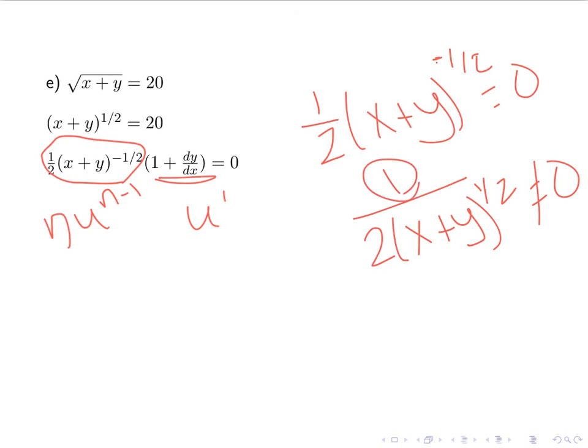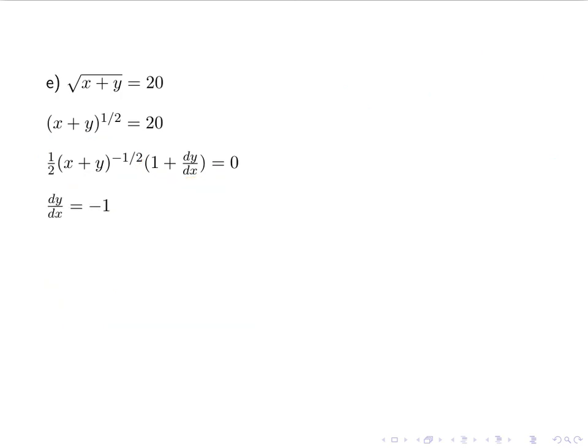Okay, so that term on the left-hand side of my product is never 0. So what I have underlined, this guy, must be 0. And then just bring the 1 to the other side. So dy/dx is negative 1.